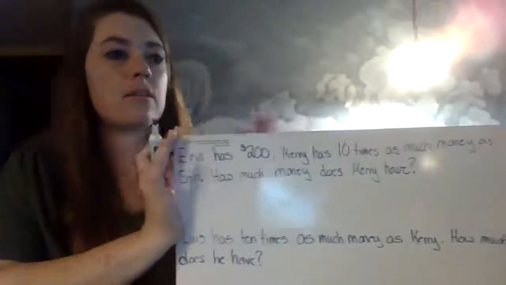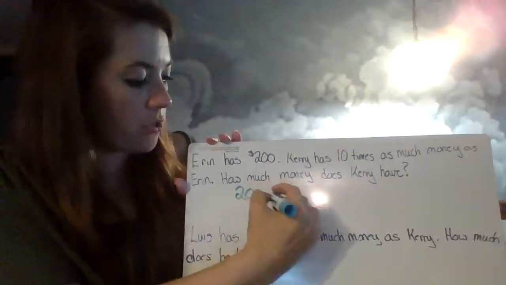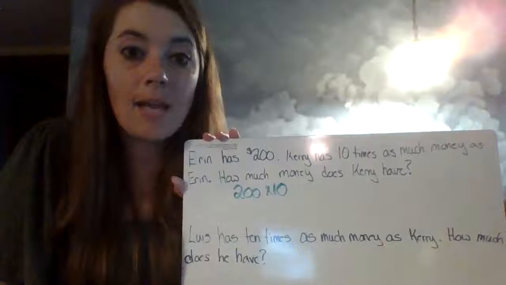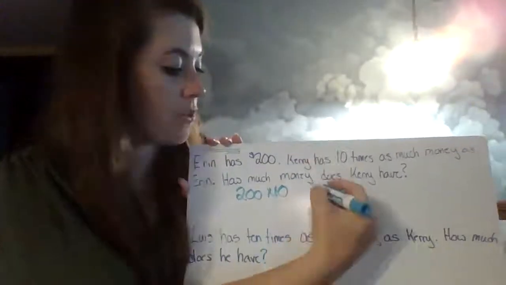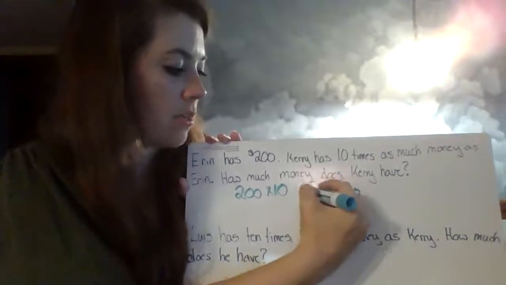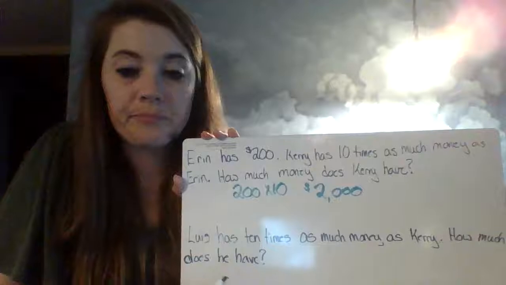Thousands. Excellent. So we could think of this as just multiplying. So taking our 200 times 10. And remember, when we're multiplying by 10, it's going to bump us up a place value. So that's going to give us 2,000. So that means Kenny has $2,000.